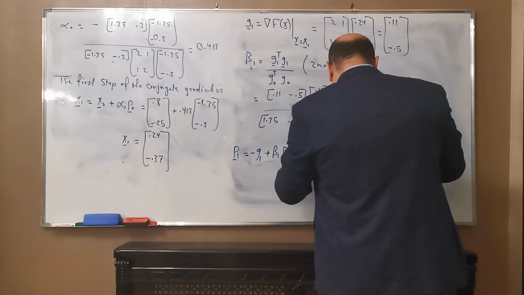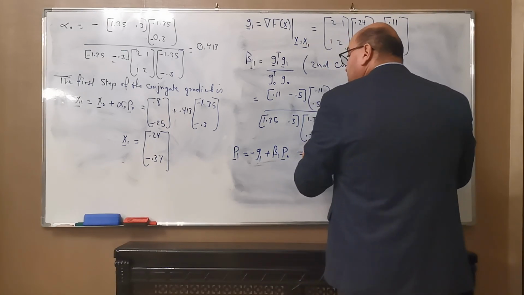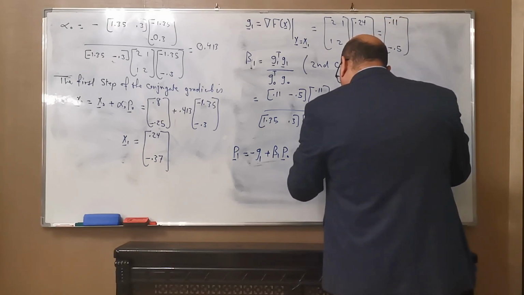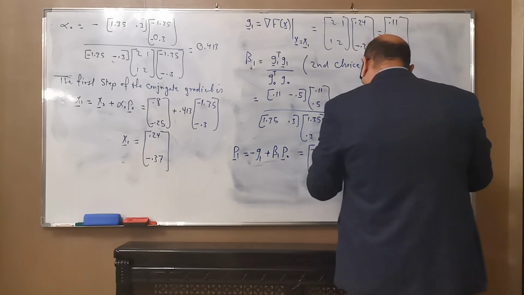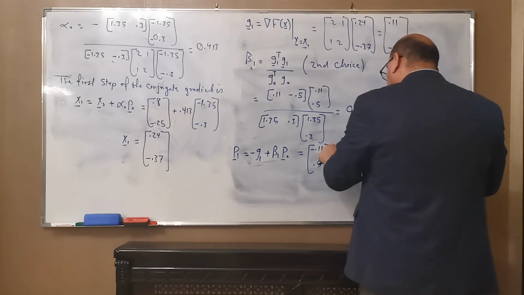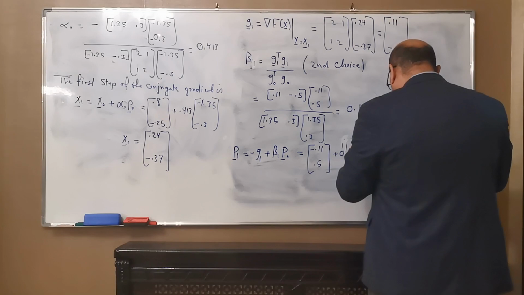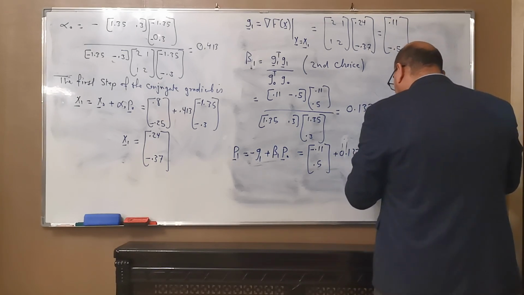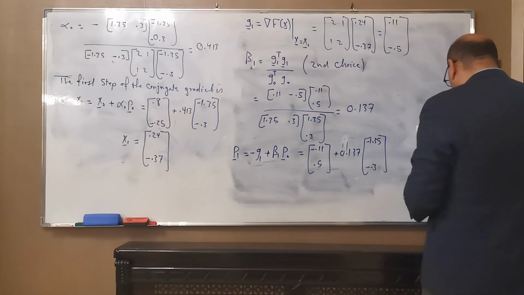So this equals minus (0.11, -0.5) plus 0.137 times (-1.35, -0.3).